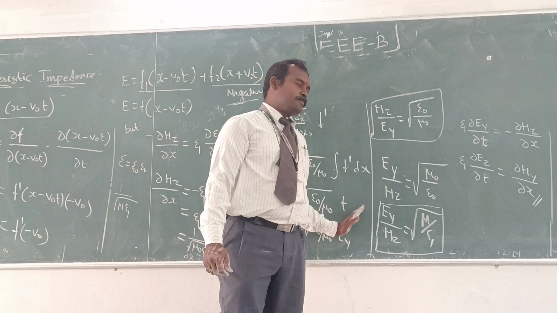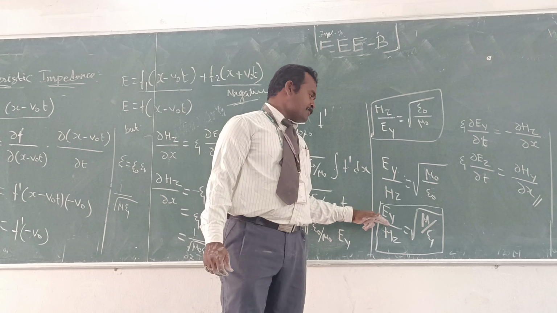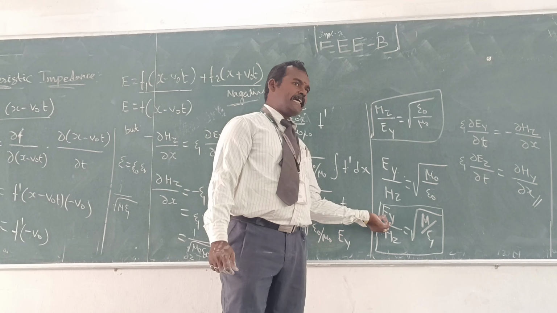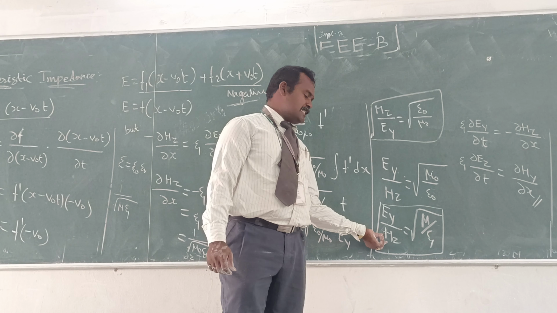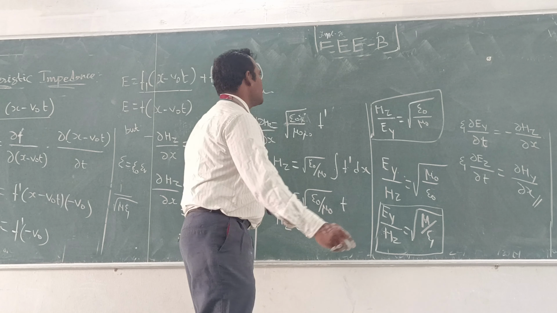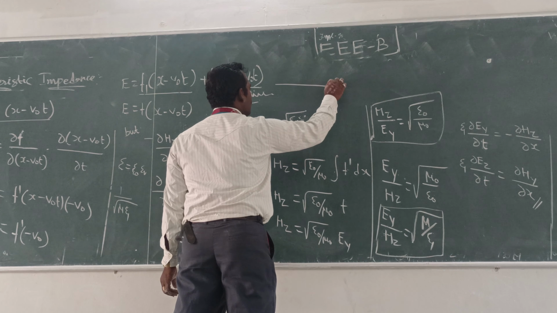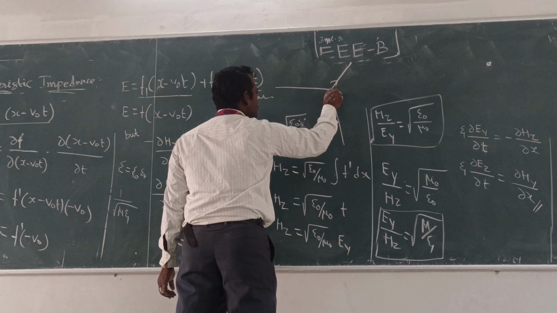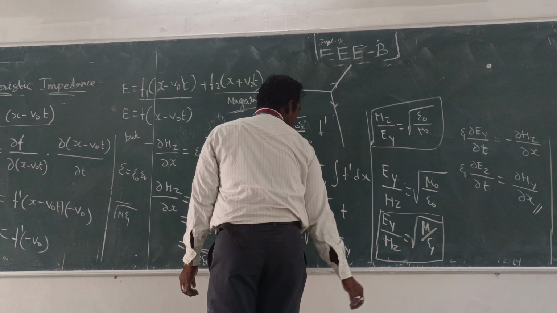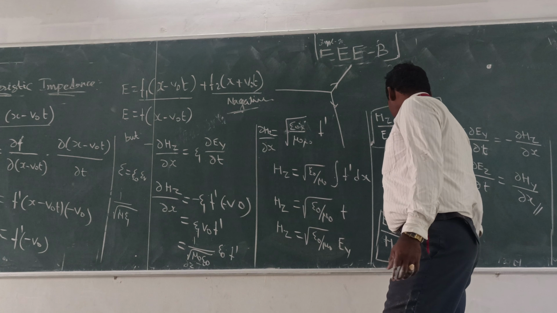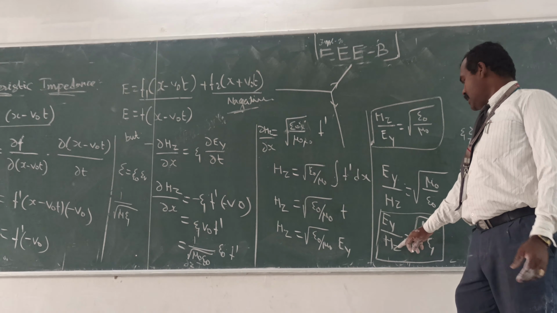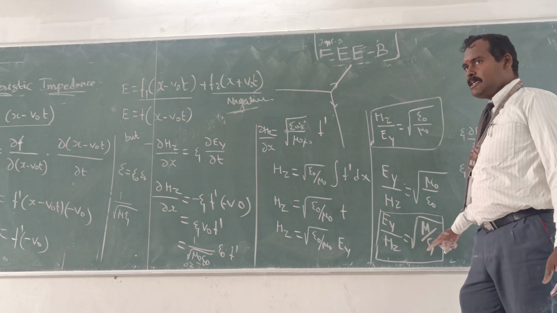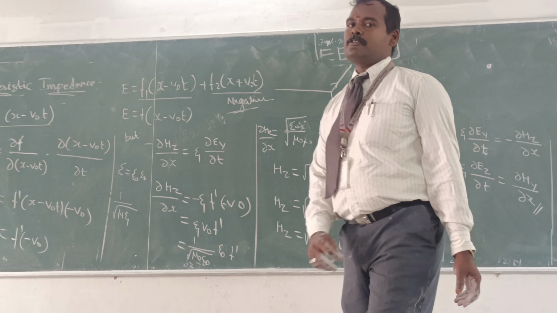The wave is given as input in the x direction; how much of the electric field and magnetic field is transferred in the y direction and the z direction, that is the characteristic impedance of the wave. Ey by Hz is equal to the square root of mu by epsilon. Note it down. Okay, thank you.